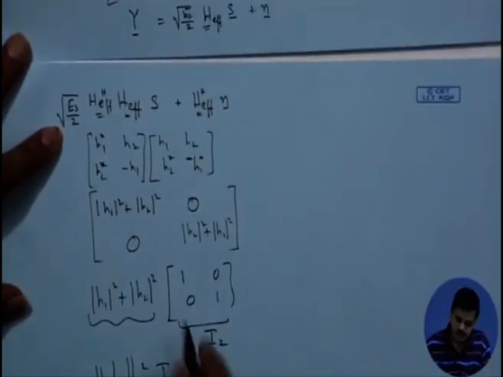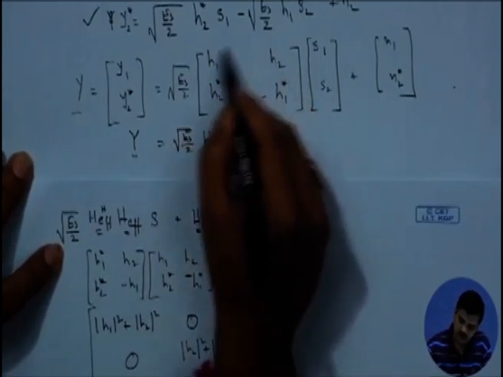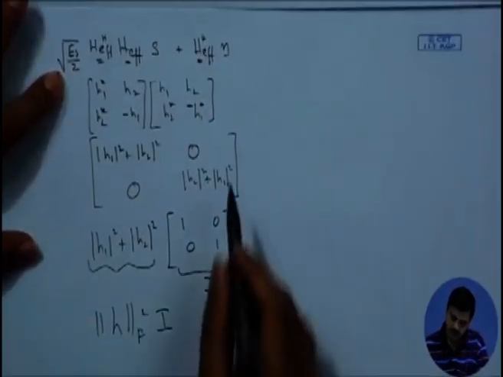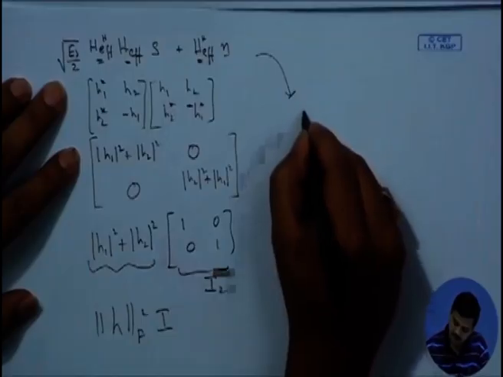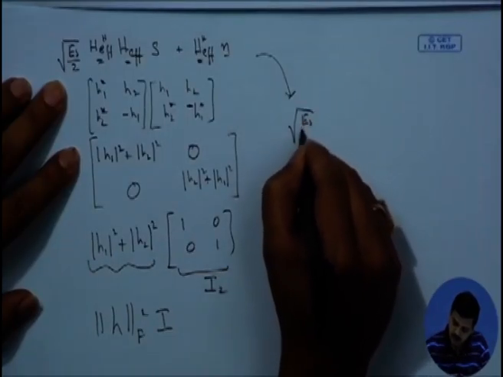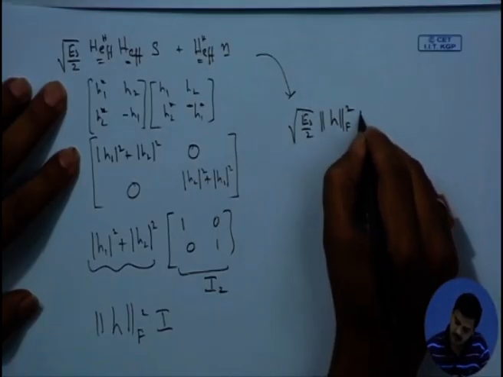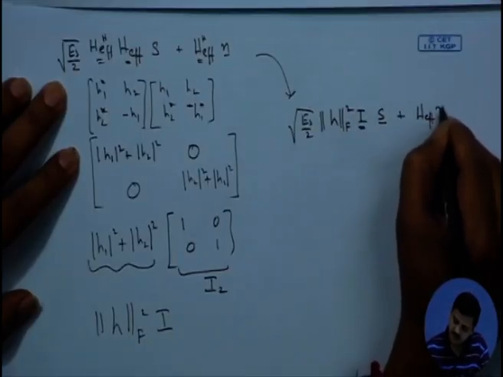So we can say that the h effective that got created here is an orthogonal matrix, that could have been seen before also, and that's what we are seeing here as well. In this way, if we proceed, we could write this expression as root over Es upon 2 times h_F squared times I times s plus h effective Hermitian times noise.